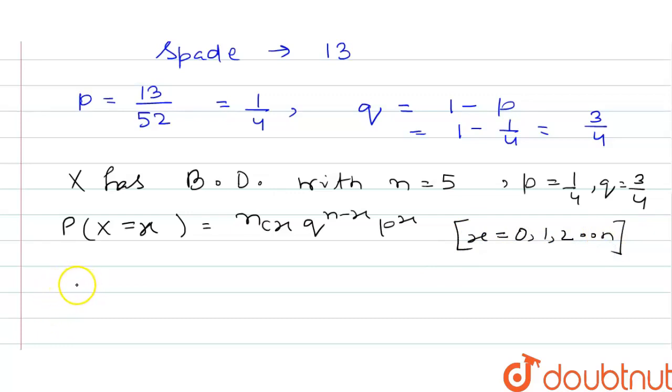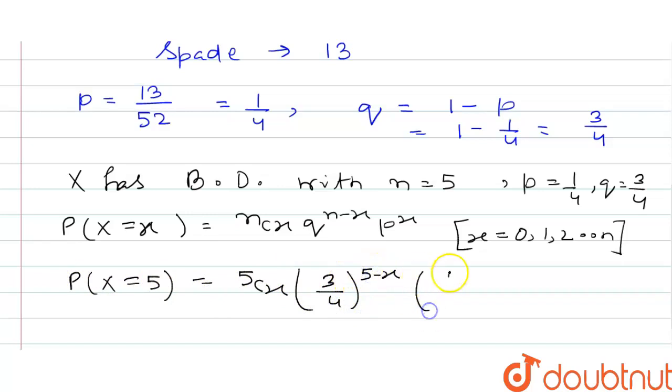Now when n equals 5, then 5Cx (3 by 4) to the power 5 minus x, (1 by 4) to the power x.